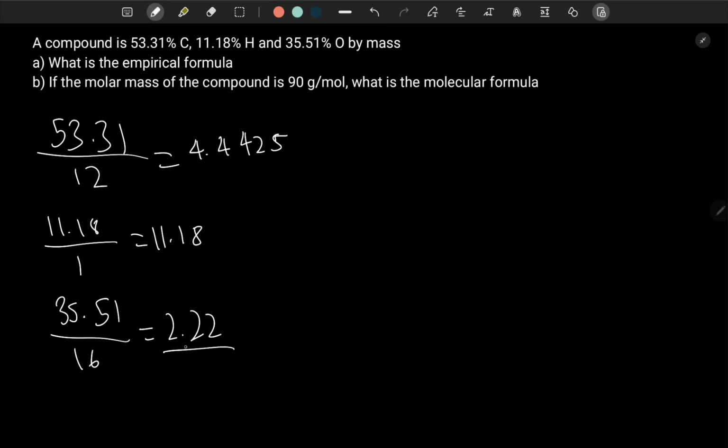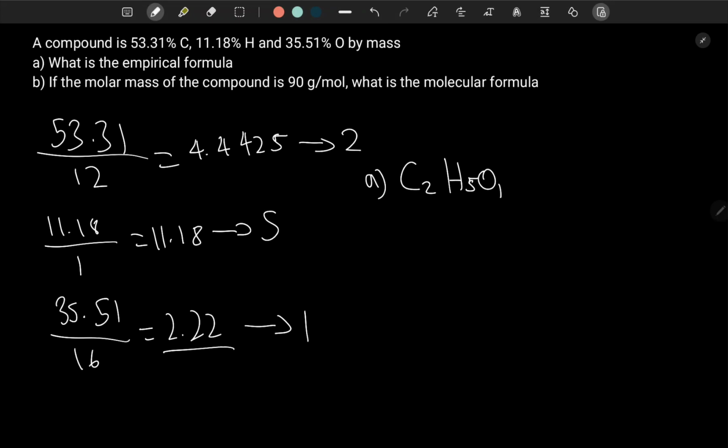So 2.22 divided by itself is going to be 1. 11.18 divided by 2.22, let's do it on the calculator, and we get around 5. 4.4425 divided by 2.22 is also going to be 2. So this is the empirical formula. If we write it now, it's going to be C2H5 and O1. So this is the answer for A.